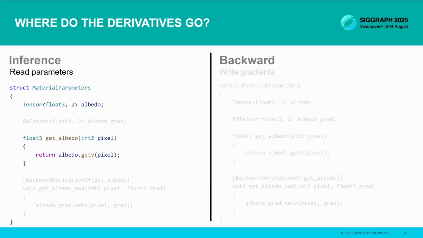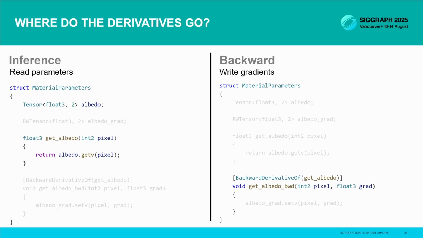But reading from memory doesn't have an obvious derivative, and the Slang compiler is asking us for what we want to happen here. One of the powerful things that Slang lets us do is define our own derivative for any function that we want. In this case, getAlbedo takes a pixel and returns an albedo value, and Slang will want to call the backwards version of it with the derivative of the return value of that pixel.